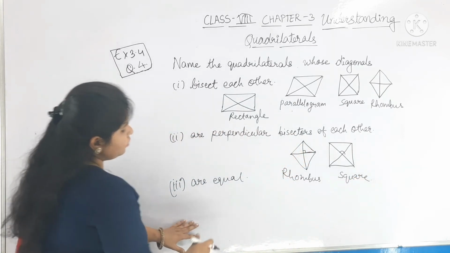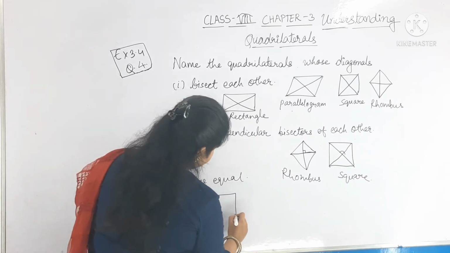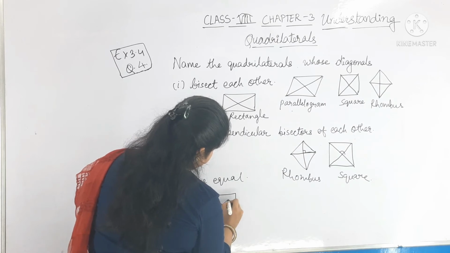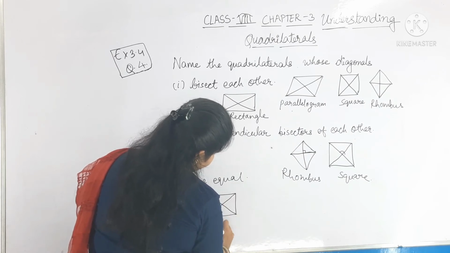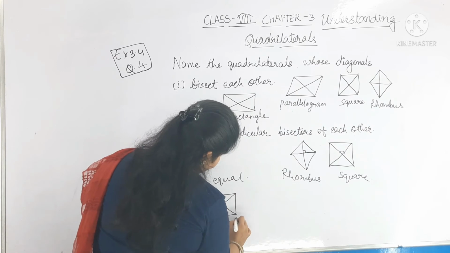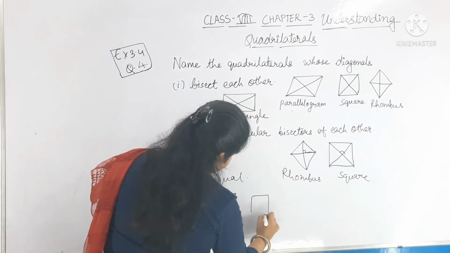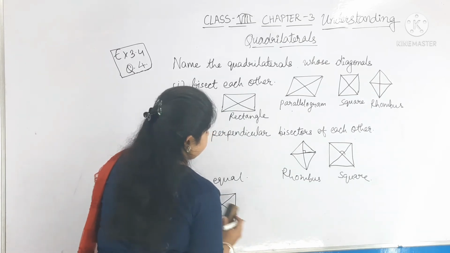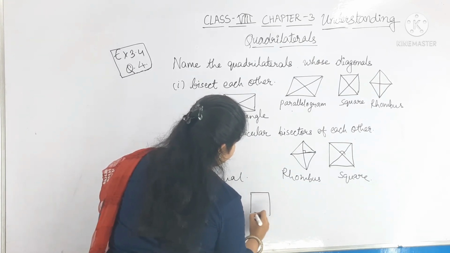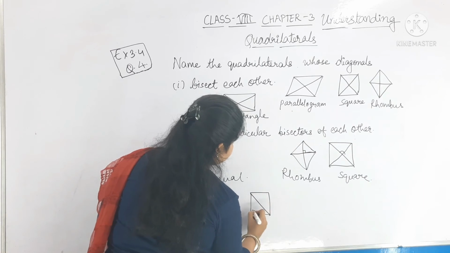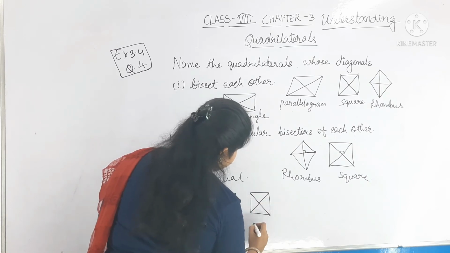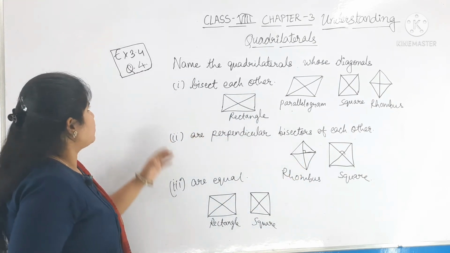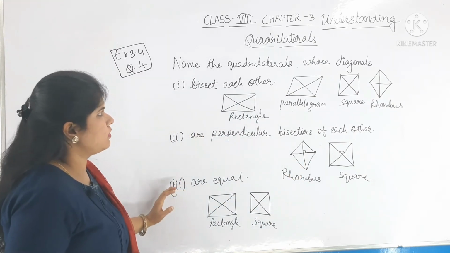Now, whose diagonals are equal? This is a rectangle, and rectangle and square have equal diagonals. So this is the solution for question number 4. You can easily solve this.